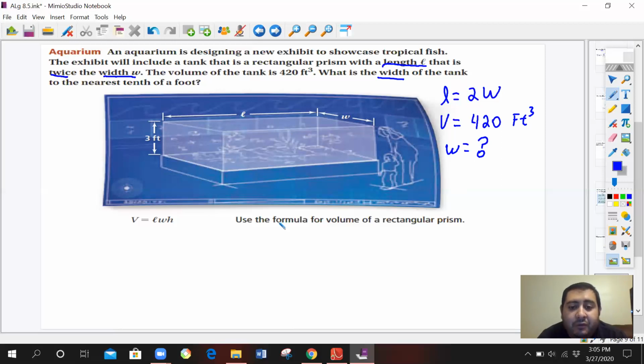So use the formula for the volume of a rectangular prism. So our volume, we know it's 420, equals, our length is going to be 2W. So replace length with 2W.